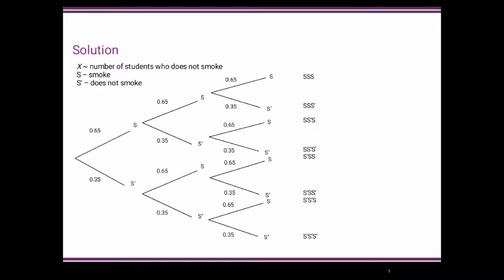Then we can list all the outcomes. This column is what we call the outcomes. As you can see, all of these are smokers, so X is 0. Here all of the students are non-smokers, so X is 3, and so on. You can check for each value of X.